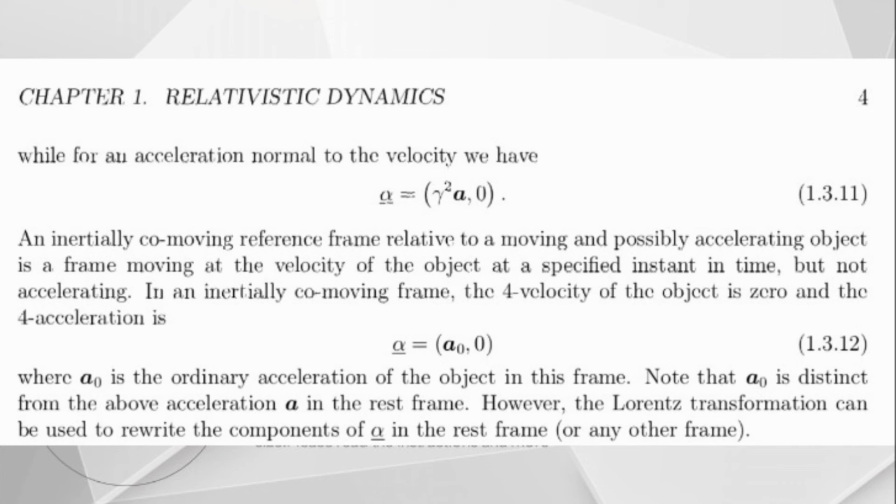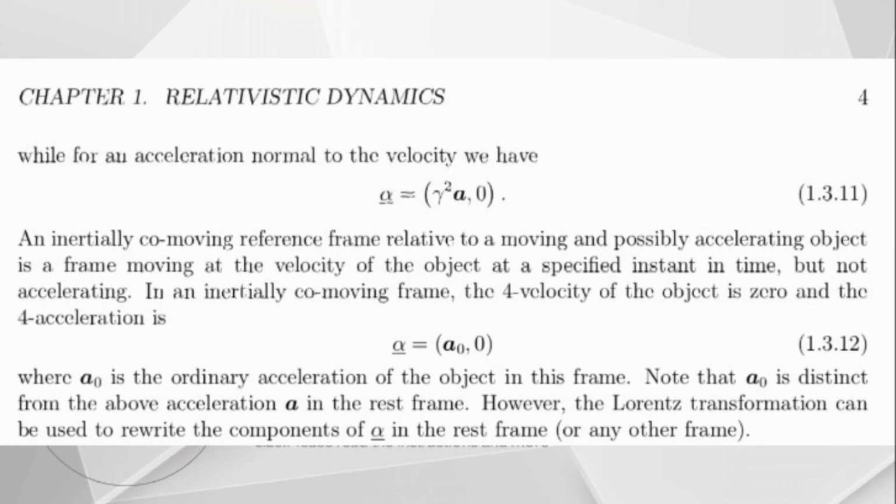An inertially co-moving reference frame relative to a moving and possibly accelerating object is a frame moving at the velocity of the object at a specified instant in time, but not accelerating.